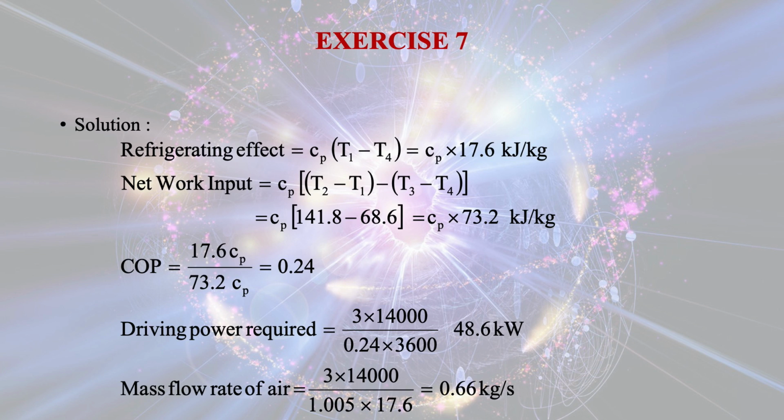So COP is nothing but net refrigerating effect divided by work done. For this case, COP is equal to 0.24. Driving power required is equal to 3 multiplied by 14,000 divided by 0.24 multiplied by 3600, that comes out to be 48.6 kilowatt. The mass flow rate is equal to 0.66 kg per second for this problem.